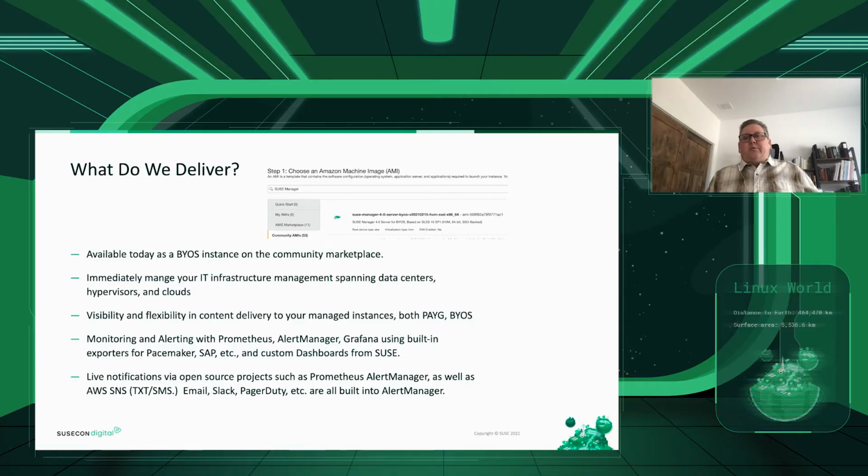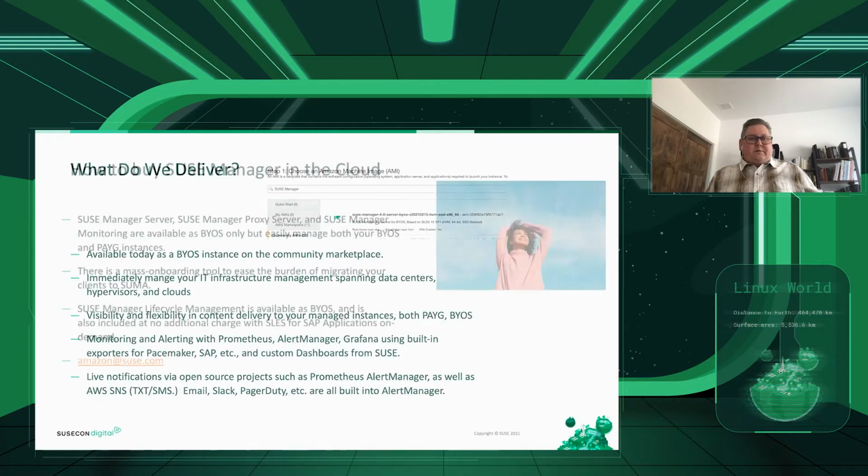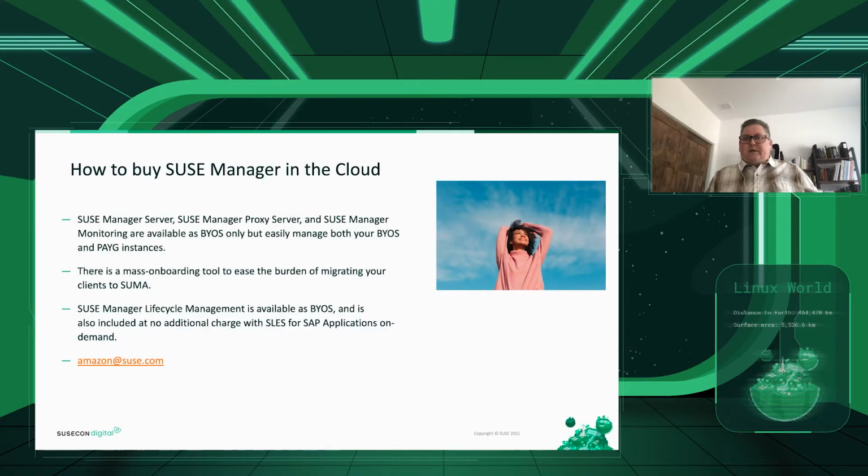And on that note, we have a supported solution for monitoring your instances using Prometheus and Grafana, as well as pre-built dashboards included as part of SUMA monitoring. As I said, the AMIs are in the community marketplace. It's easy to connect your pay-as-you-go on-demand instances using our mass onboarding functionality. Obviously, because you own the sub, you can run it on-premise to manage your various clouds from there.